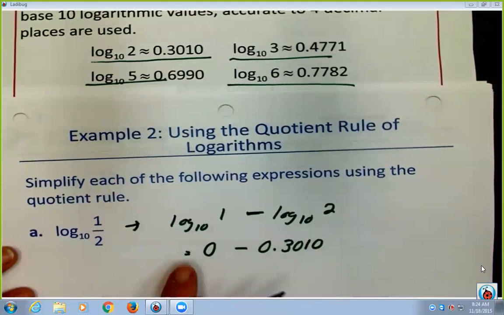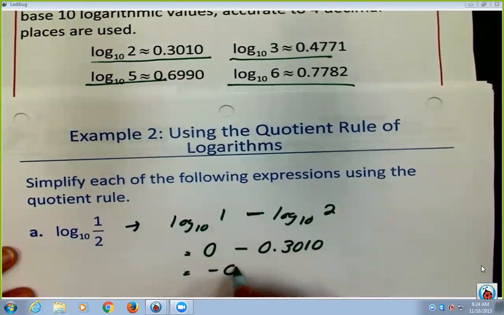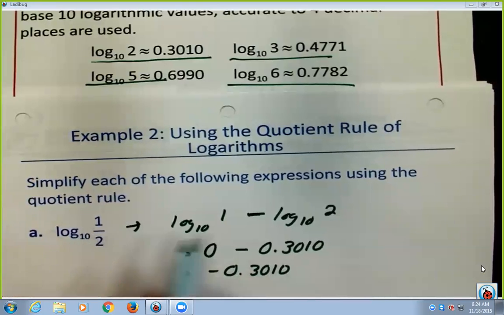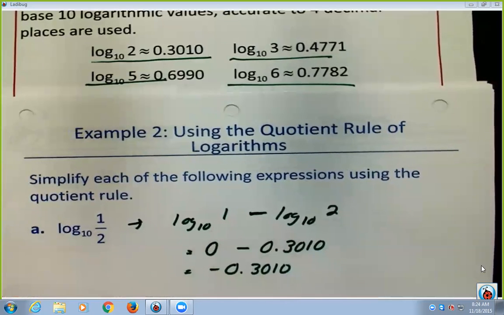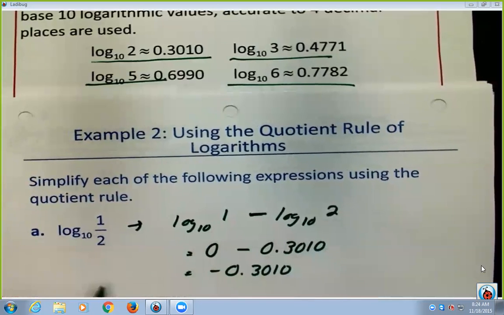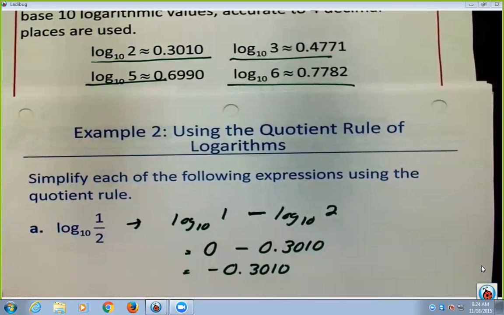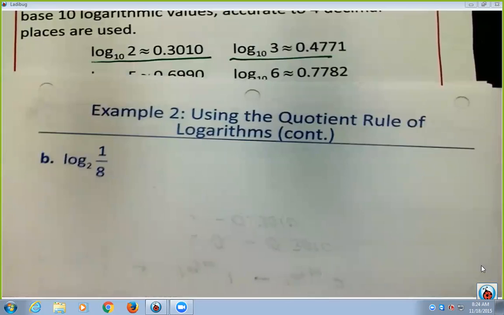And so 0 minus that gives me a negative 0.3010. Okay, for my answer to this one. So it's not hard. These are not bad as long as you remember division means to subtract. Multiplication means to add. And if you get those straight, you're pretty much good to go with what you've got to do with those.